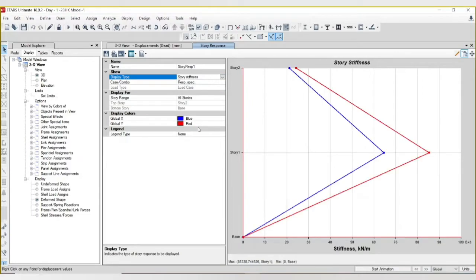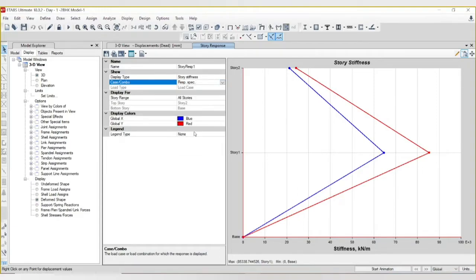Next, story stiffness, you can see the answer. Stiffness of each story: first story is having higher stiffness and second story is reduced. Further up, the story stiffness is going to get reduced. This is for the response spectral case.